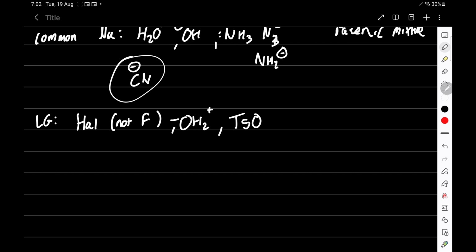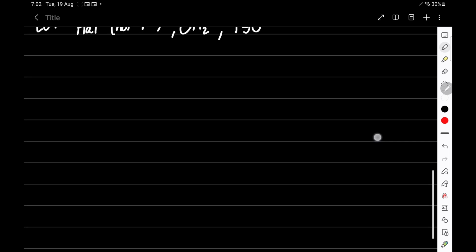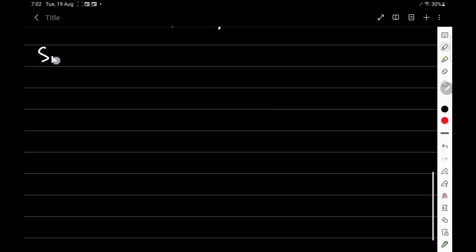Let's have a look at the SN2 mechanism, which is much simpler. And this is the one that pupils in the UK learn as the general nucleophilic substitution mechanism. There often isn't a distinction, only in very specific exam boards and circumstances.